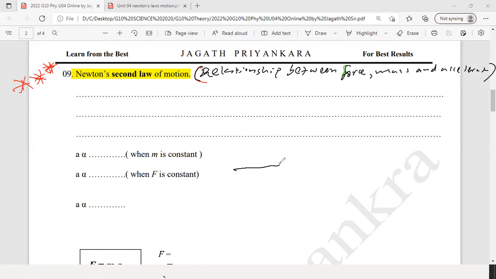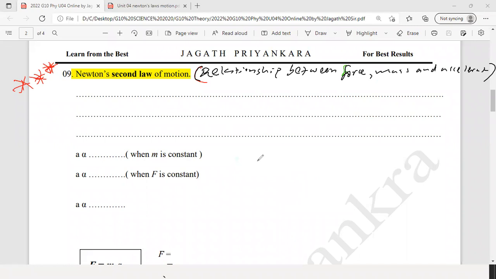Right. Let's see what happens now. If you increase the force, what will happen to the acceleration? Acceleration will increase. That means it will travel at higher velocity. I'll give one of the best examples.